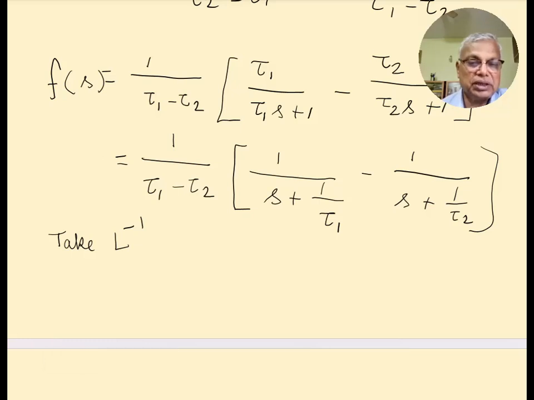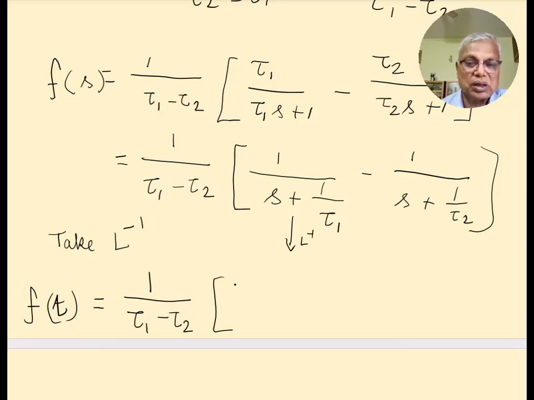So if you take the inverse Laplace, f of t equals 1 by (tau 1 minus tau 2), and what is the inverse of this? It is of the form 1 by (s plus a). So it is e power minus at, where a is 1 by tau 1.